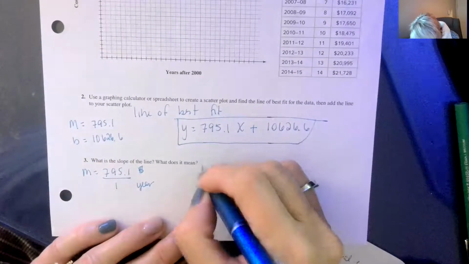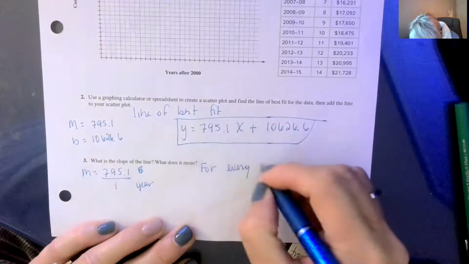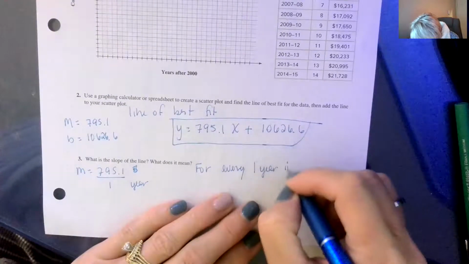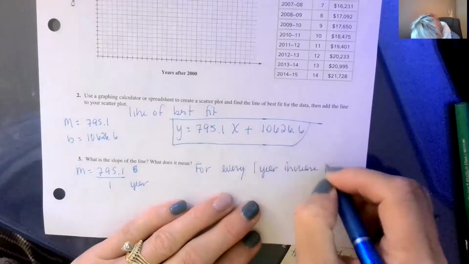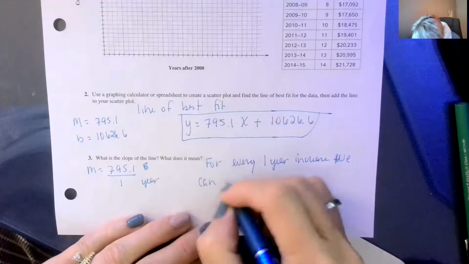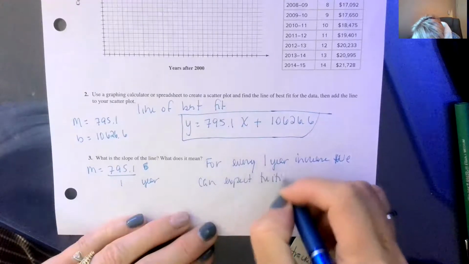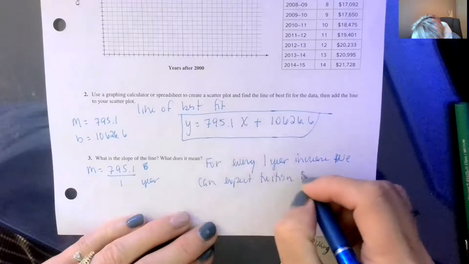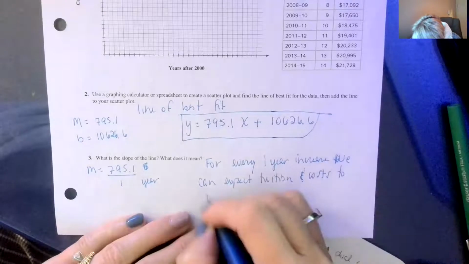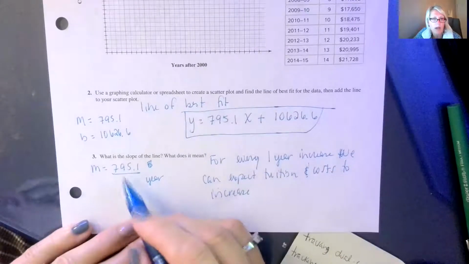So it says for every, and remember, you should be using this kind of formal way to write this. So for every 1 year increase, we can expect tuition and costs to increase. I'm using the word increase in both places because they're both positive.